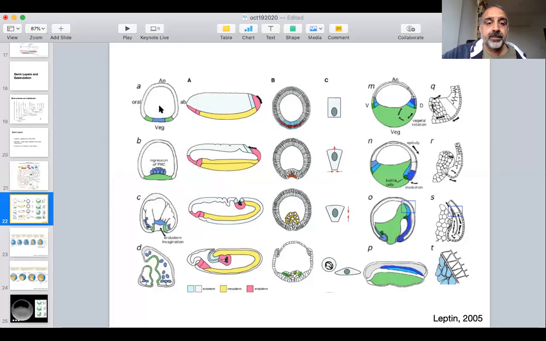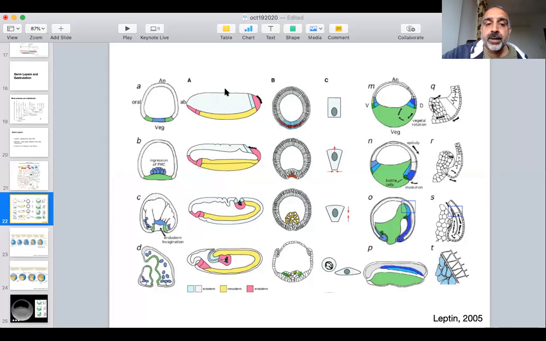They'll fall inside the cavity of the sea urchin embryo, and then they'll start to direct invagination, so shape change of the endoderm, and they'll end up inside the embryo.